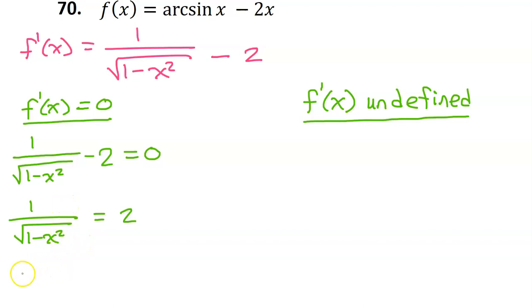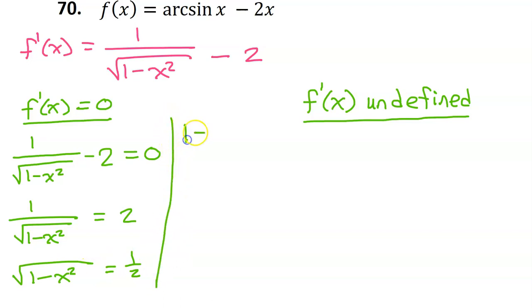Taking the reciprocal of both sides, we have the square root of 1 minus x squared is equal to 1/2. Squaring both sides, we have 1 minus x squared is equal to 1/4.